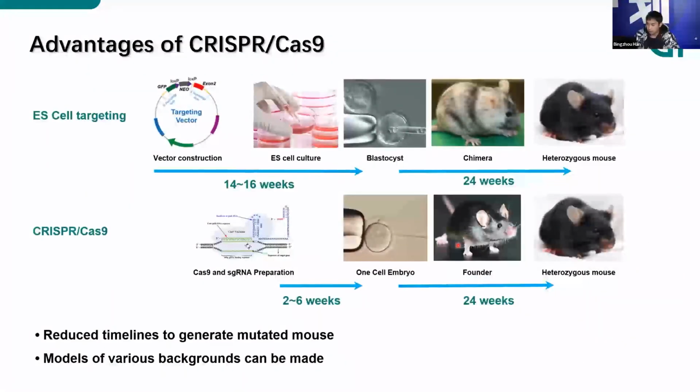So compared to the most traditional embryonic stem cell-based methods, CRISPR-Cas9 has certain advantages, as we can show here. For a general ES cell targeting approach, we start from the construction of the vector and the culture of the embryonic stem cell, and we use antibiotics like neomycin or puro to select the cells that contain the insertion, and then we inject the selected embryonic stem cells into the blastocyst, get the chimera founder, and then obtain the heterozygous mice by outcross of the chimera to the background mice.